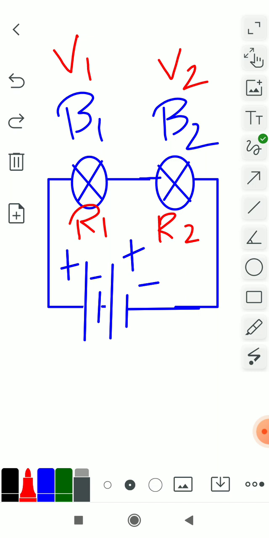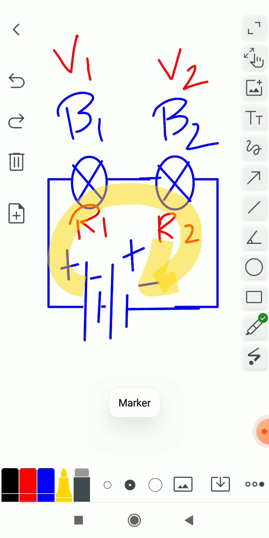But one interesting fact you might know: throughout the path the same current is flowing. Now they are in series; one bulb is connected with another. Suppose both bulbs are glowing.